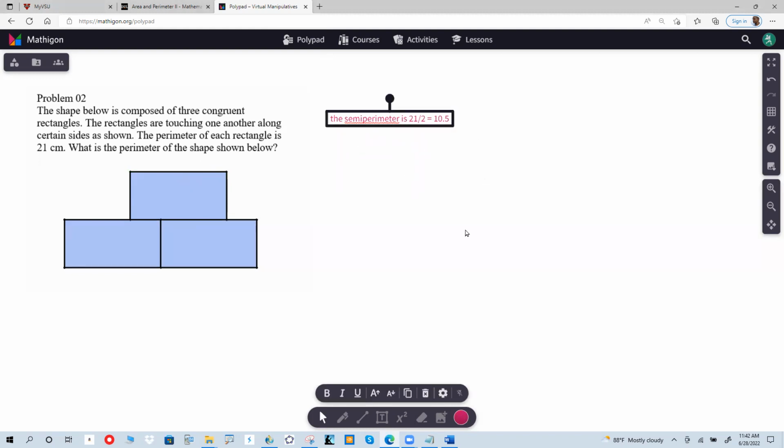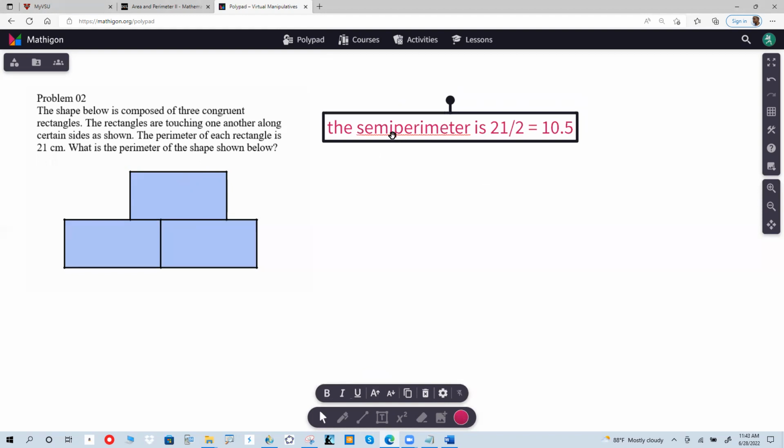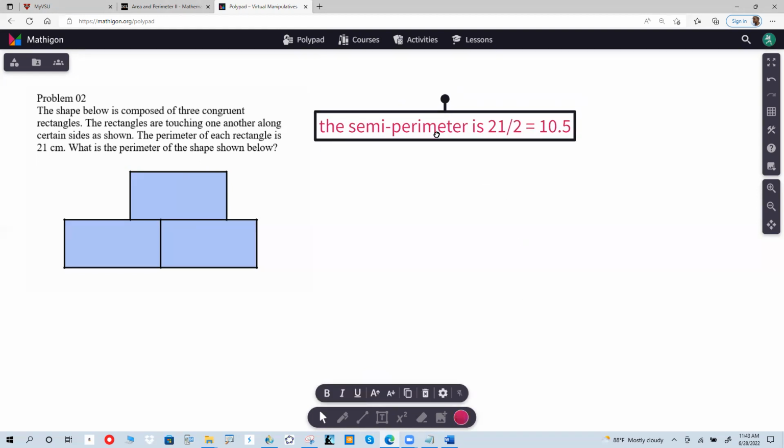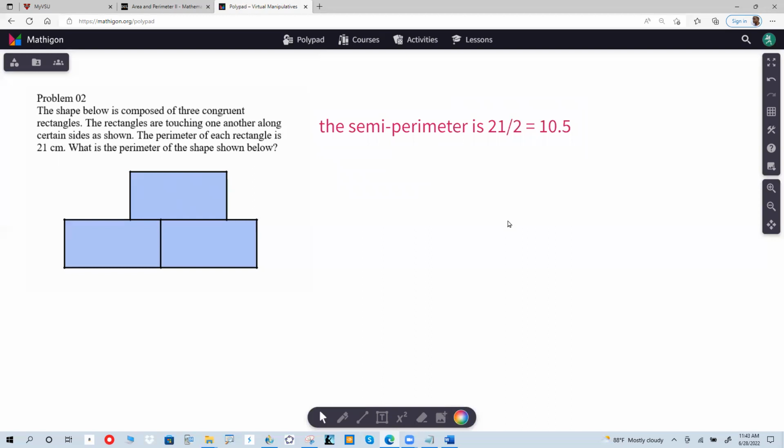That's okay, it doesn't like my semi-perimeter. We're going to look with it. Maybe this is better. Okay, I'm not going to worry about that unit. What is that supposed to mean? Well, that simply means this plus this is 10.5. That also means this plus this is 10.5.